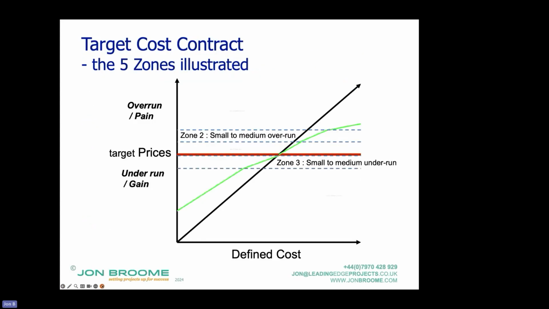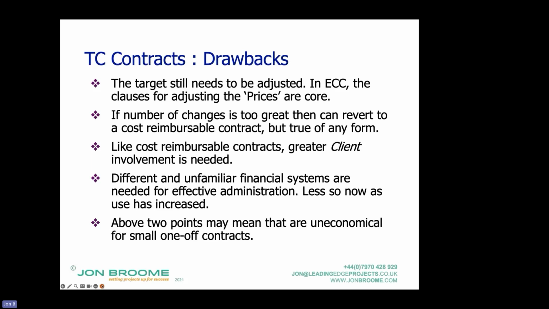So there are drawbacks to target cost contracts, and this is why they're being used less, I think. The target does still need to be adjusted, and in the ECC, the clauses for adjusting the prices are core. People forget that the pinch point in the relationship is the adjustment of targets.